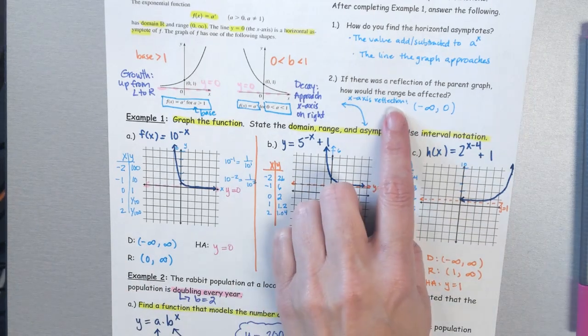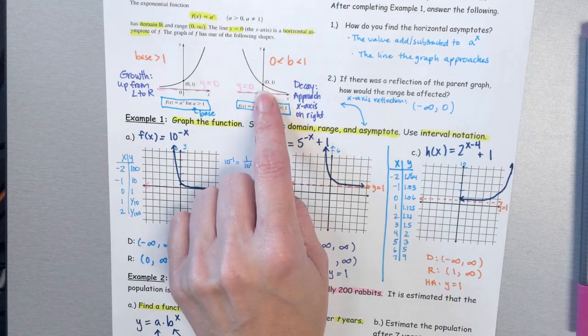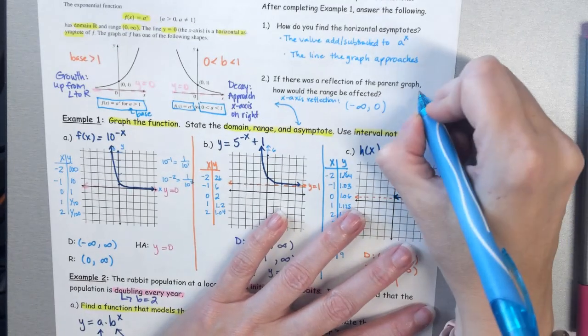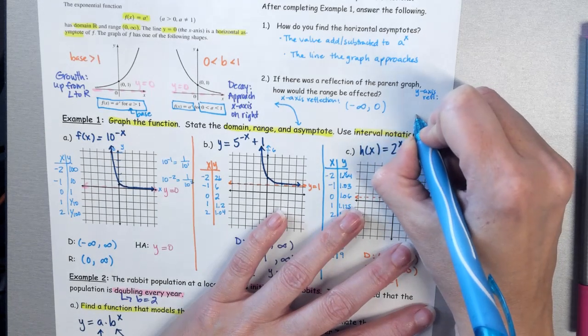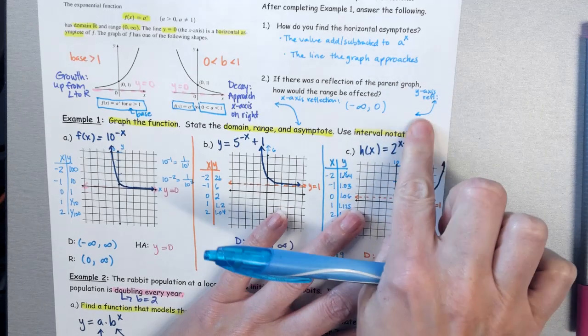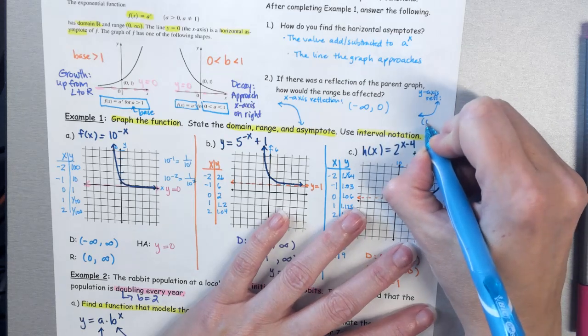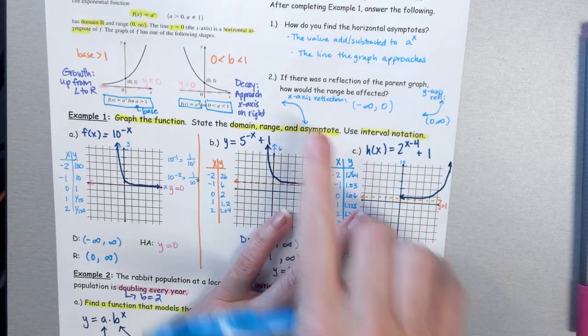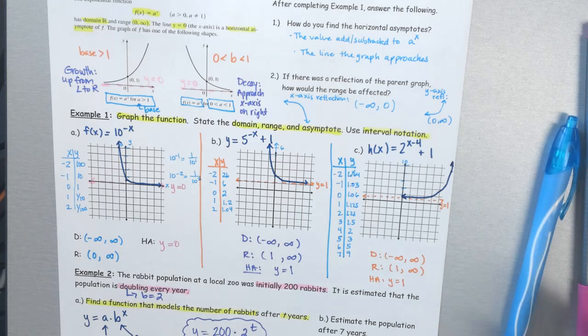Okay, if there was a reflection over the x-axis, it wouldn't change, right? Because if it was over the y-axis, it would just look like this. And isn't that what we have here? Yeah, so it wouldn't affect it. It would still be 0 to infinity. So the only thing that would affect it is the x-axis reflection. Okay, and I wanted to make sure we went over that because we didn't have any that flipped, but you will see some, and you have seen some before.